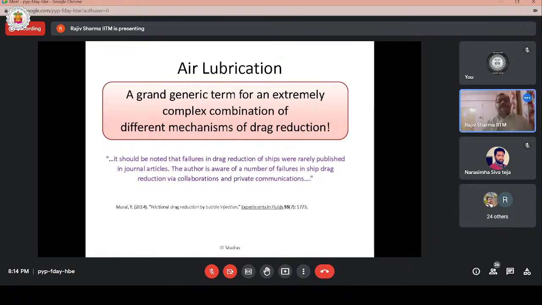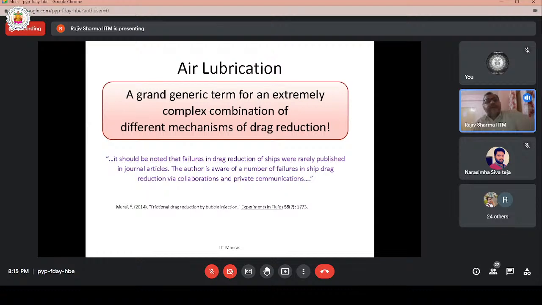So when you have something which is available in the literature, always be very careful, because that is something which is coming out at that level after maybe 10, 20, 30, 40 failures. So even if now it is published, it doesn't mean that if somebody wants to replicate or reproduce that, he will be able to do that.